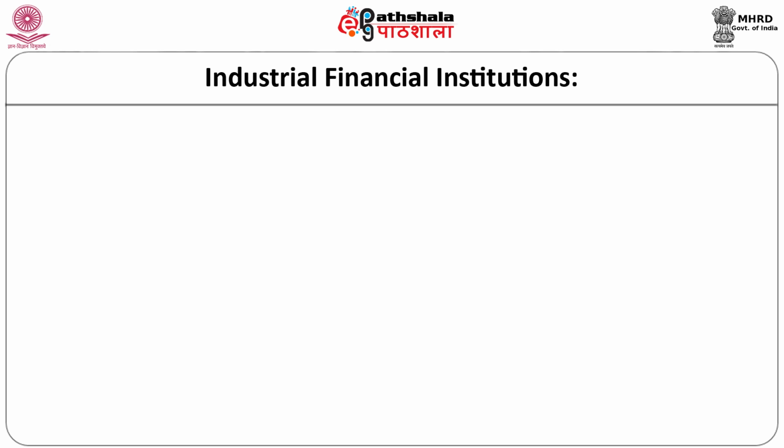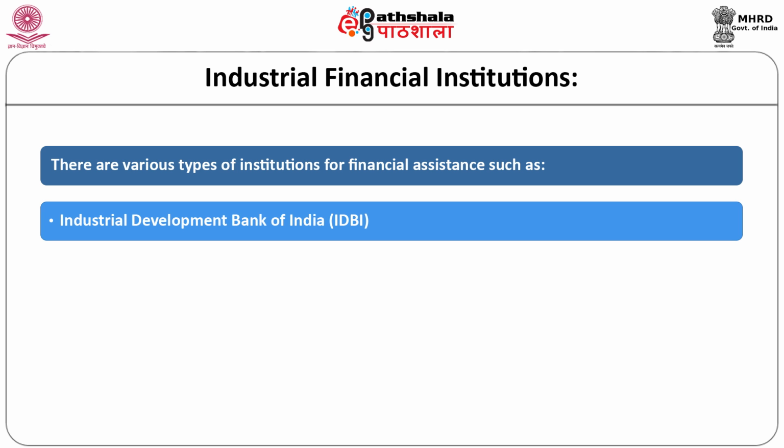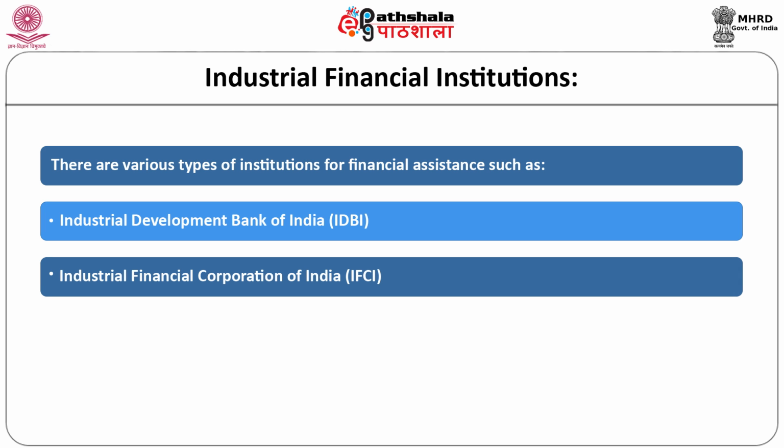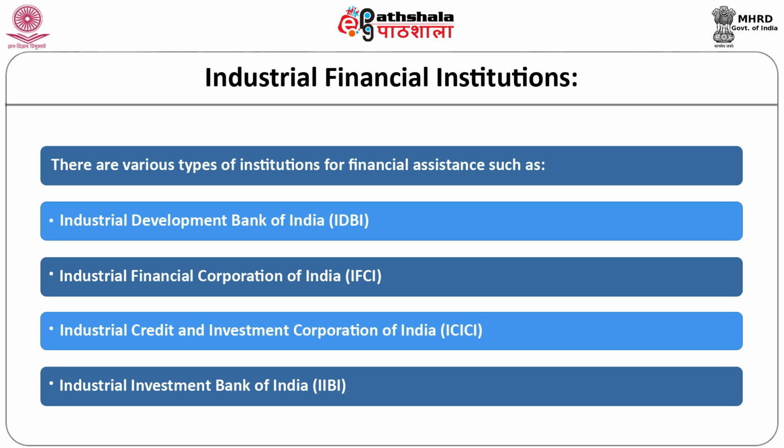Industrial financial institutions. There are various types of institutions for financial assistance such as Industrial Development Bank of India, Industrial Finance Corporation of India, Industrial Credit and Investment Corporation of India, Industrial Investment Bank of India.